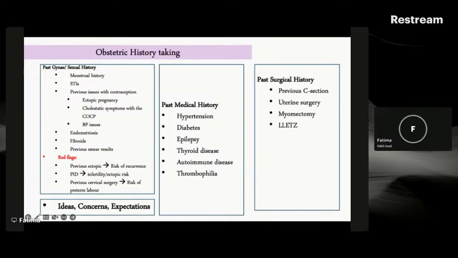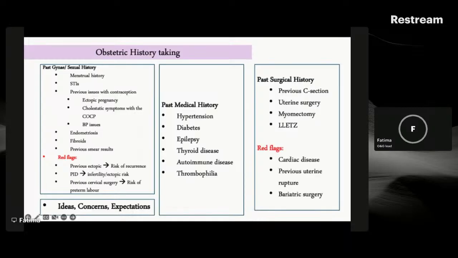Because if she's had thrombophilia in the past, then she's going to have to be on medications to prevent any risk of clots. In terms of her past surgical history, as I mentioned, previous C-sections and the type of C-section, uterine surgeries, myomectomies, and LETS procedures, because these are all predisposed to risks of preterm labor or risks of complications.